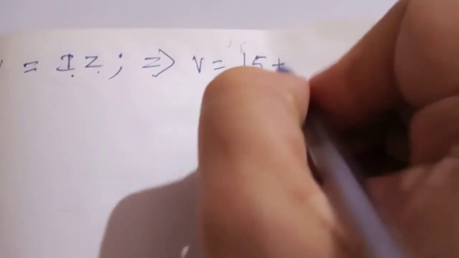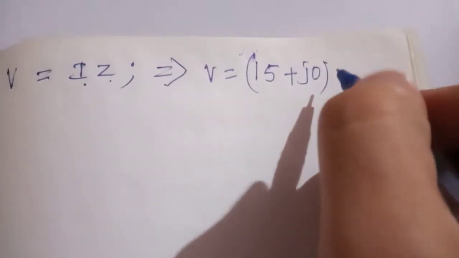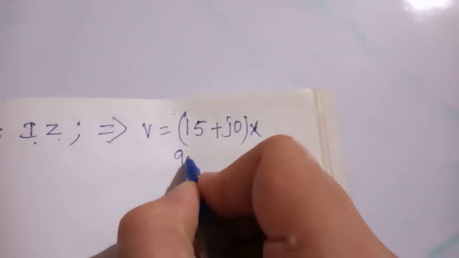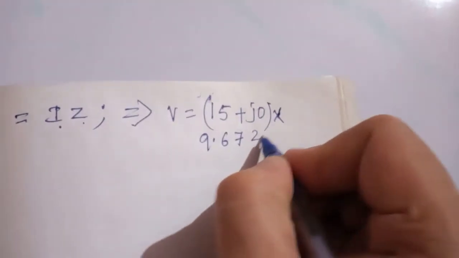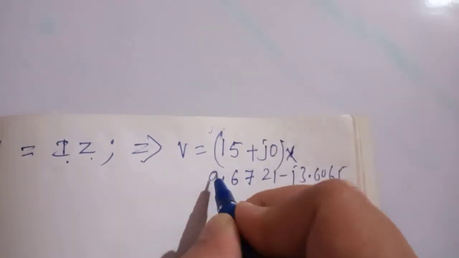So what is the current value? Current value is equal to 15 plus j0 into what is the Z value? 9.6721 minus j3.6065.